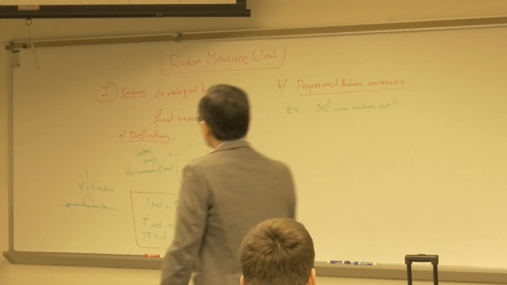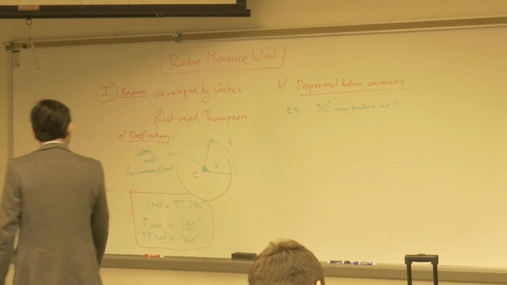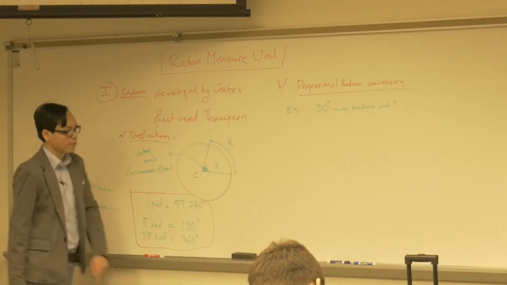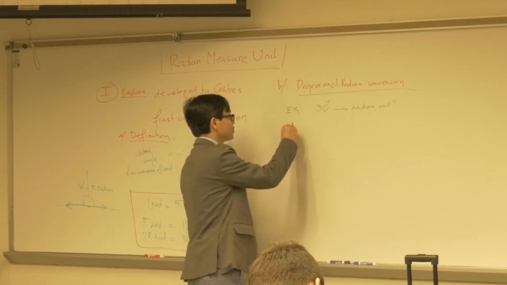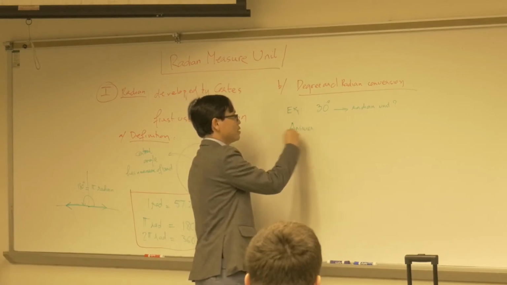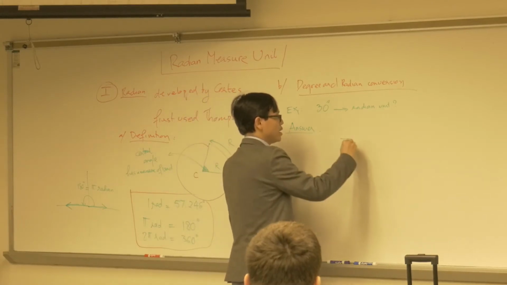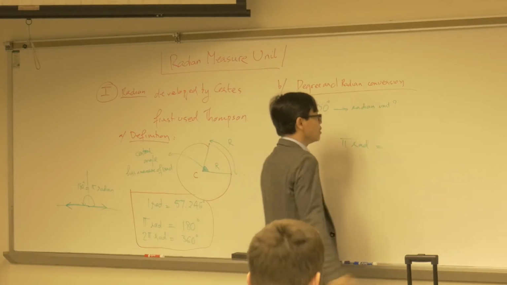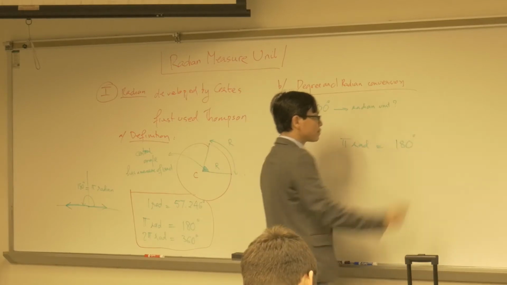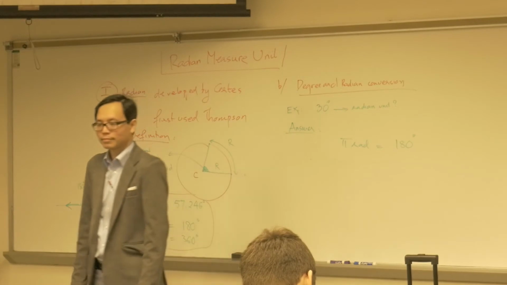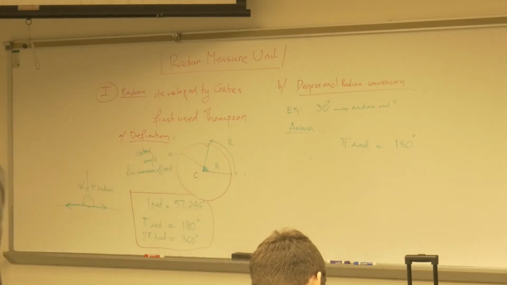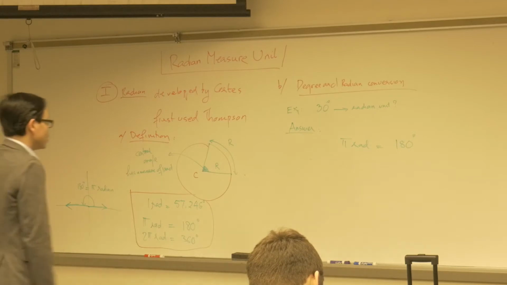So I'm going to use the second relation. I'm going to go ahead and write down that relation: pi radian equals 180 degrees.